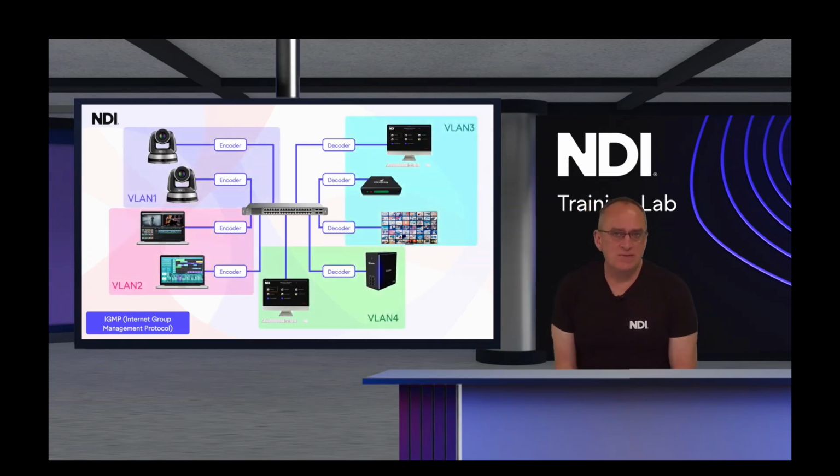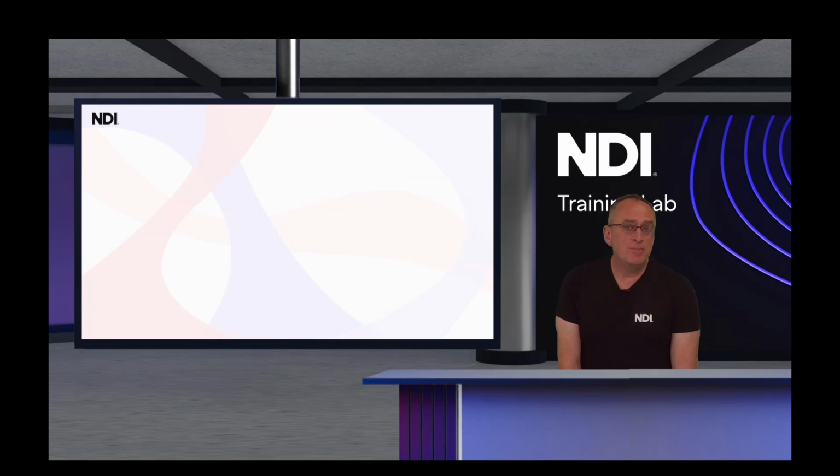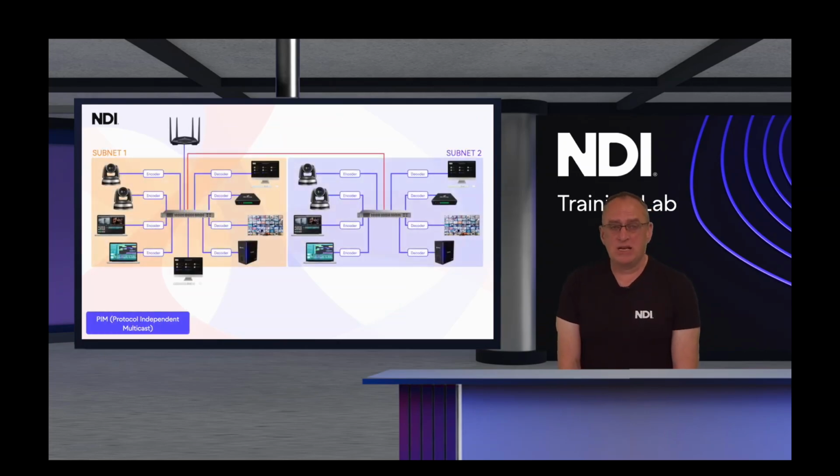It allows receivers like NDI monitors or switches to signal interest in a multicast stream and enables switches to forward that stream only to ports that request it. PIM, or Protocol Independent Multicast, on the other hand, routes multicast traffic between subnets across routers, and it ensures that multicast streams can reach receivers located in different parts of the network.